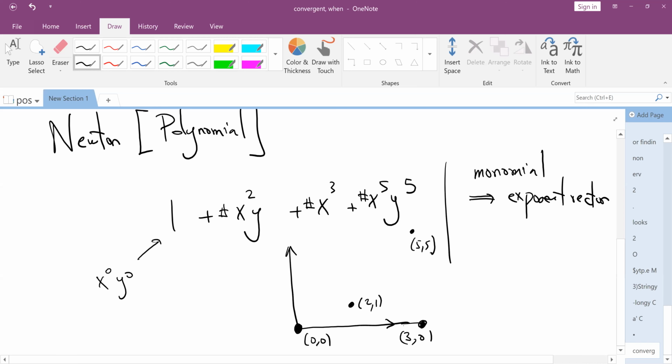Okay, so I just take all those monomials, and the Newton polytope is just the convex hull of all those monomials.